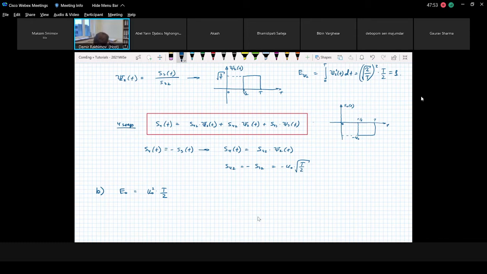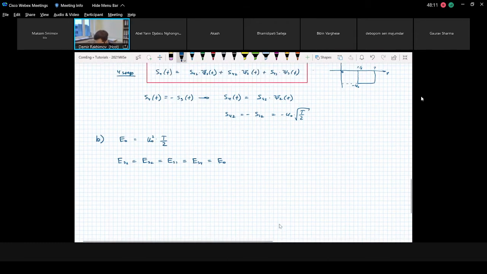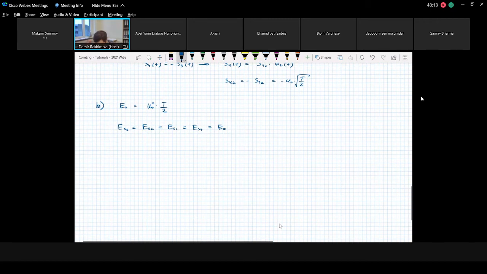And I also notice that the energy of the first signal is the same as the energy of the second signal, the same as for the third, and for the fourth signal. And all of them are equal to E naught. So all of them are the same, only for this task, not in general.